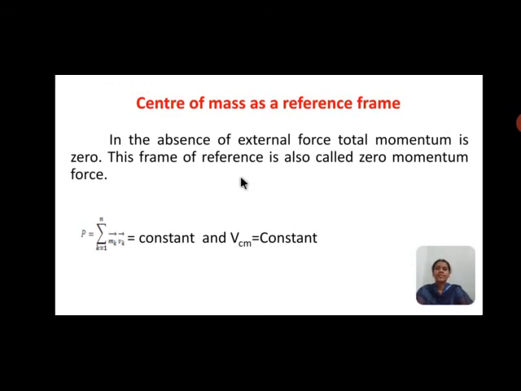Hence the center of mass of the system is that point where the whole mass of the body is considered to be concentrated, such that the total momentum of the system is equivalent to the momentum of the masses considered to be concentrated at the center of mass. So today's class we learnt about the center of mass. Next class we continue with another topic.